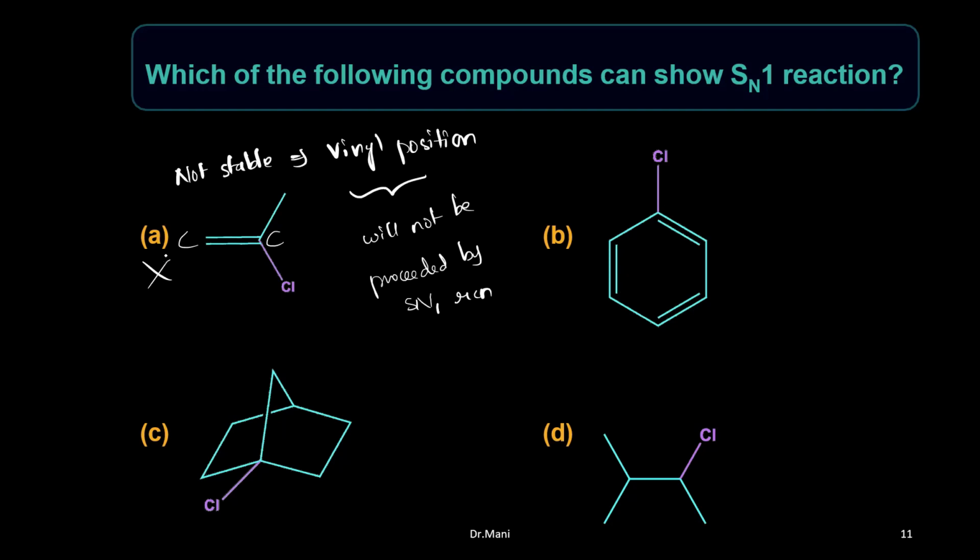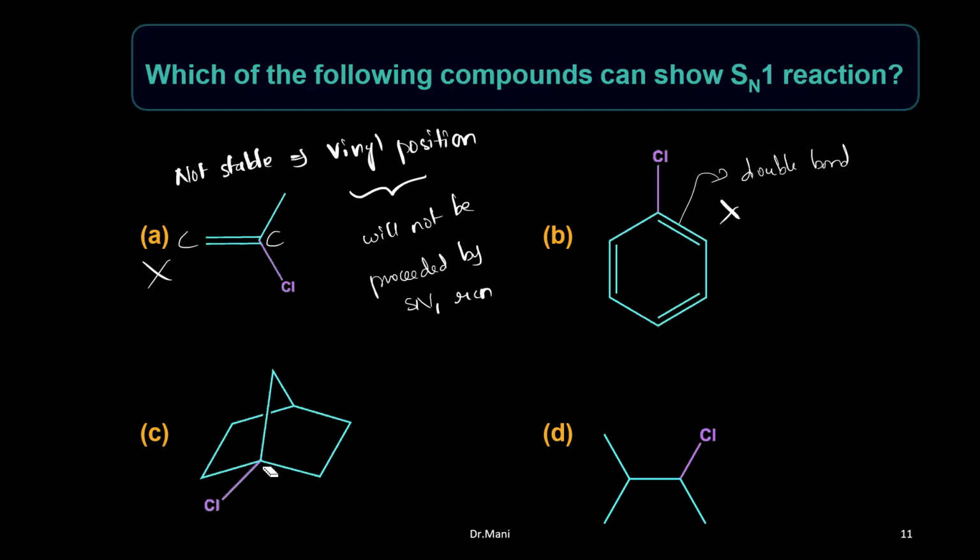Next one, you see here, B. Here the cation formation occurs at the phenyl position, which is also not stable because you can see there is a double bond carbon present. So this reaction will not proceed because of the double bond here. And you see here, option C. Here the cation formation occurs at the bridge.